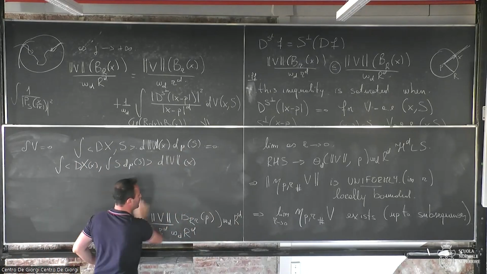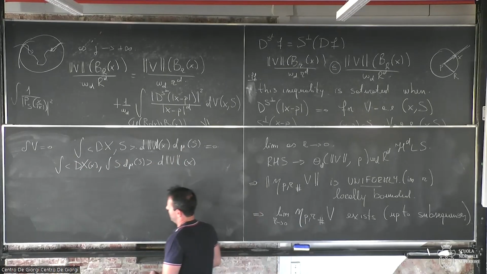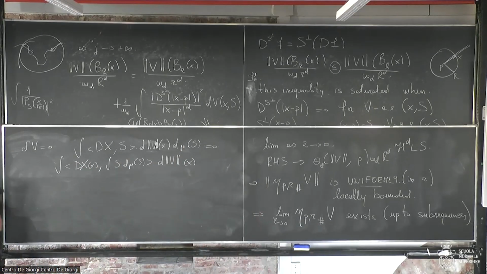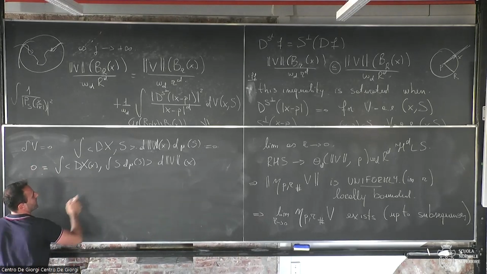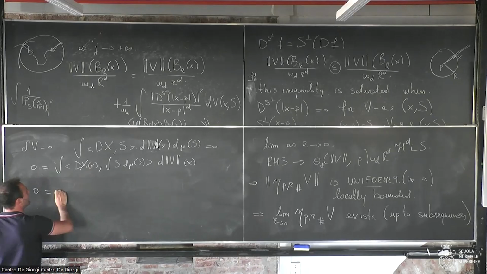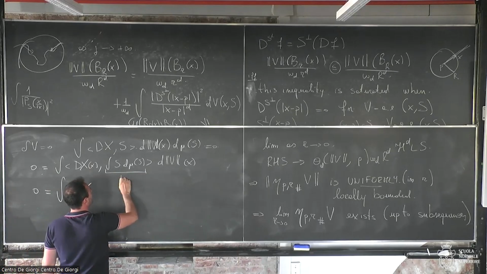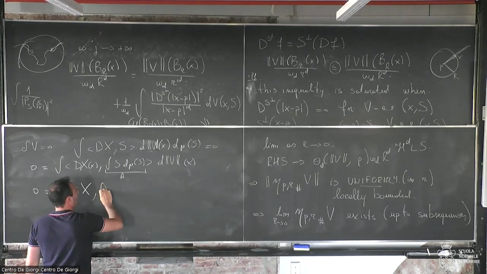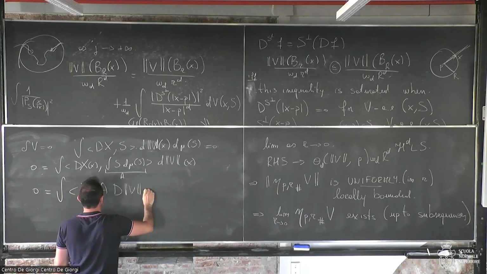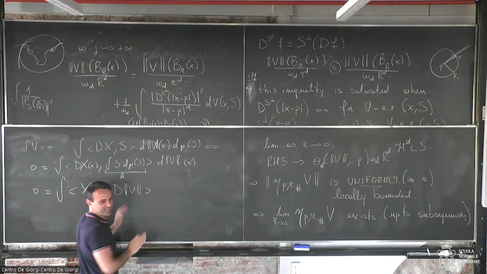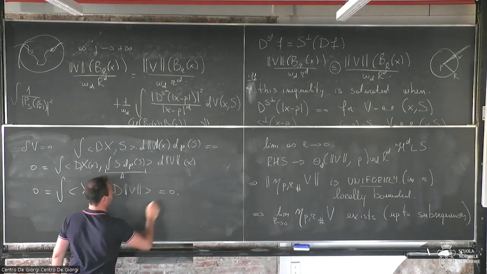It is 0, you integrate by parts distributionally, and you get that x, let me call this guy A, let me use a bit of distributional notation. You can fix these by test functions. And B is equal to 0.